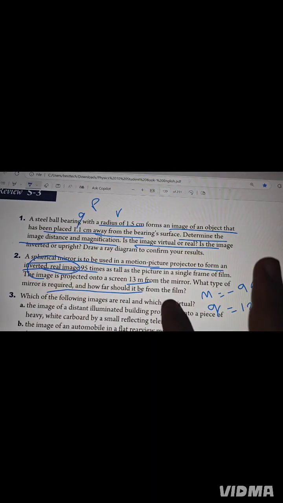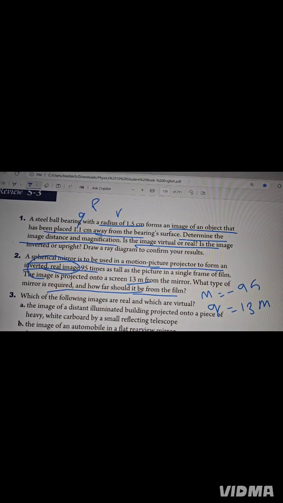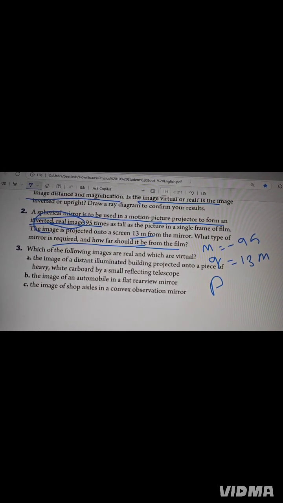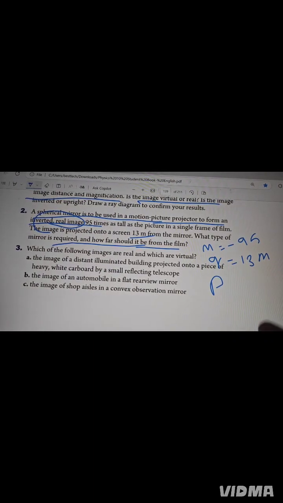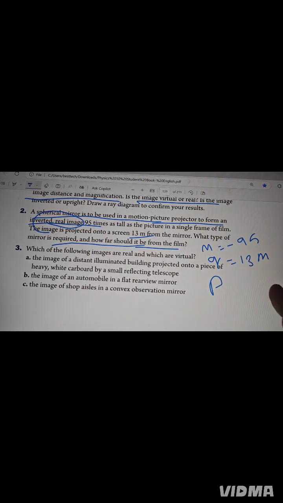How far should the film be from the mirror? Okay, I find the value of P. I'm going to solve it here. Because the question says inverted and real, and it's a real image, the magnification must be negative. So we only have to find the value of P, the object distance, so directly use this rule.